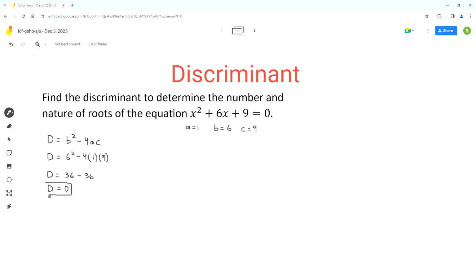So this is the value of the discriminant we got, and now we have to interpret this value to find the number and nature of roots. Now for that, there are some rules you have to understand and memorize. Now if the discriminant is greater than 0, there are two real roots.